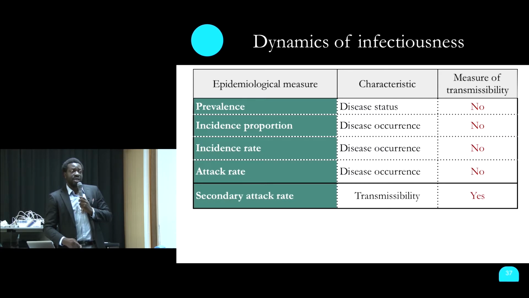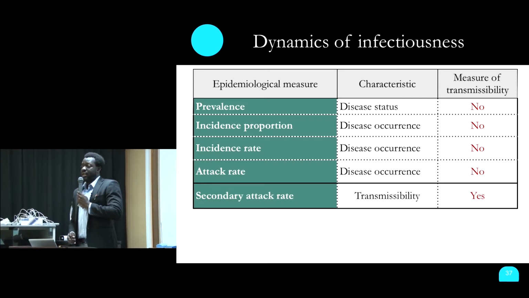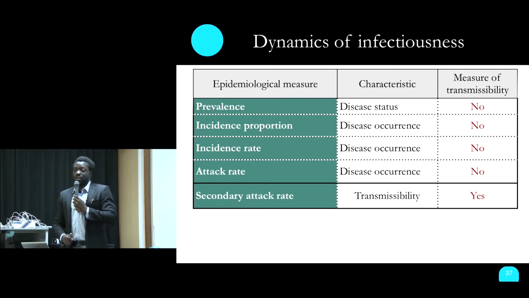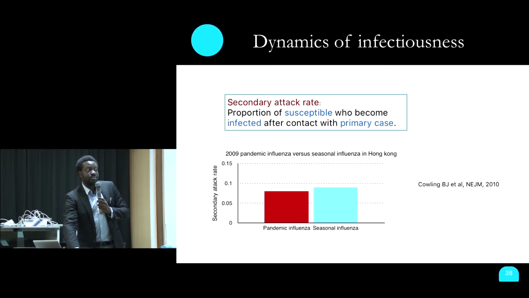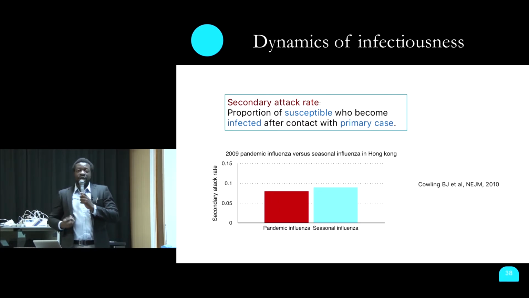One measure of transmissibility is the secondary attack rate. What is it? The secondary attack rate is the proportion of susceptible people who become infected after contact with a primary case. So we need to have a primary case here, and then we need to see how many people who were in contact with that primary case became infected.